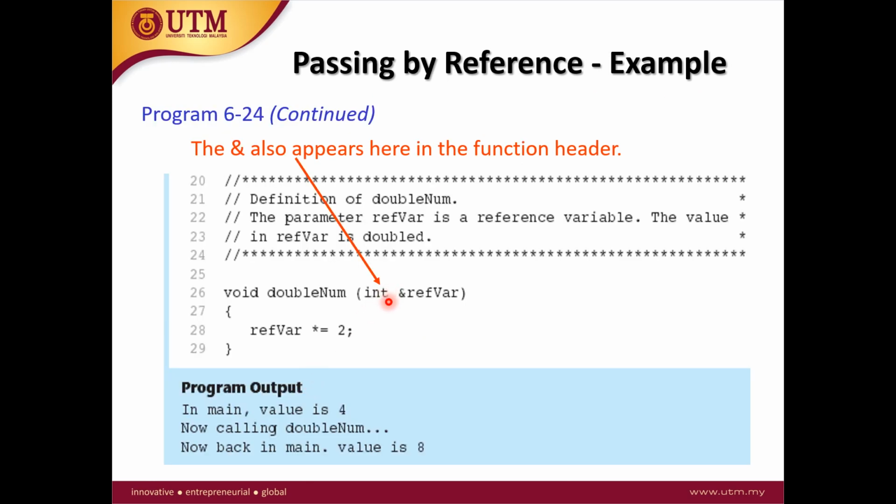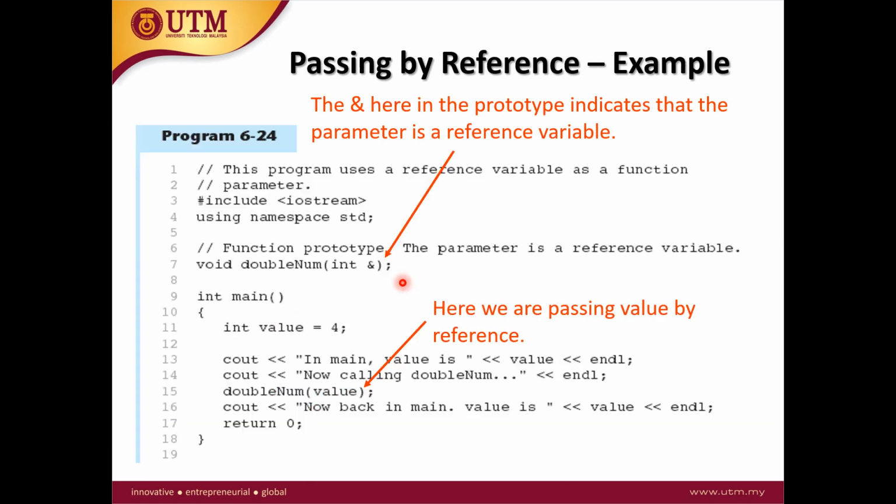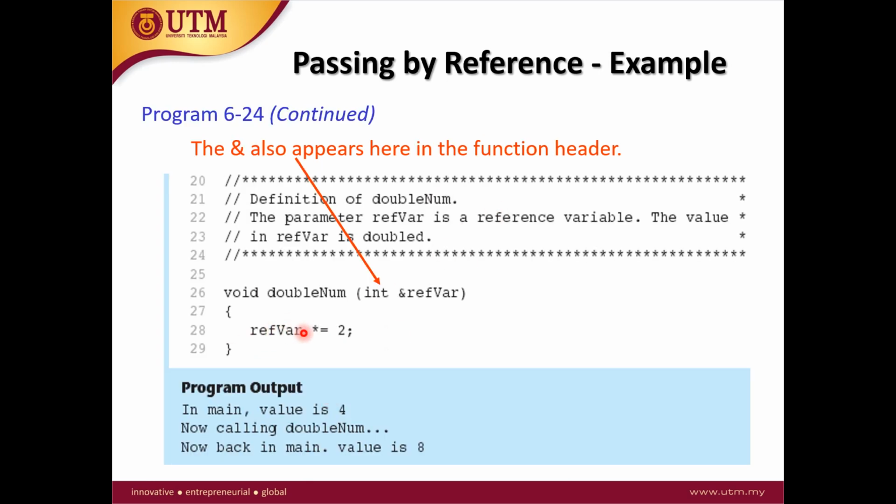Inside the function we are receiving that parameter, which is the value variable which we had in the main function. This one, the value, is going to be replaced with refVar, and we are multiplying the refVar by 2. So it was 4, and it's going to be 8.